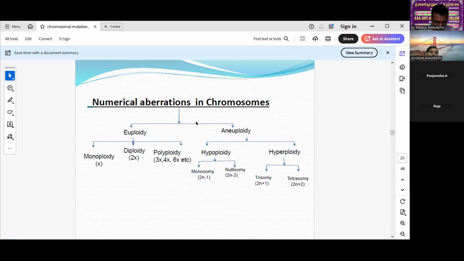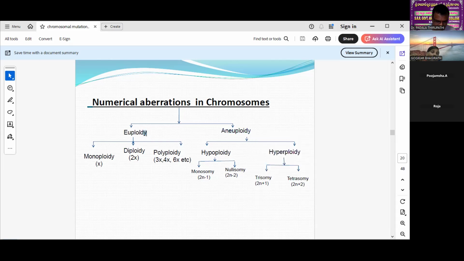Based on that, these numerical changes are classified into euploidy and aneuploidy. Aneuploidy means that from the basic set of chromosomes, one or two, or sometimes three chromosomes are either added or lost.